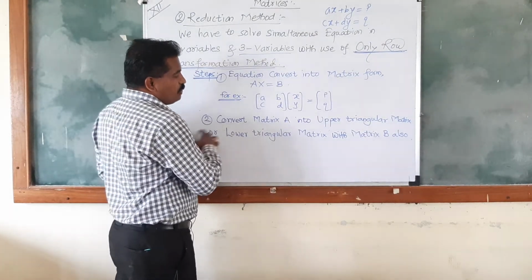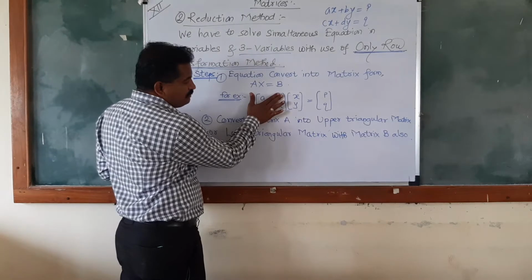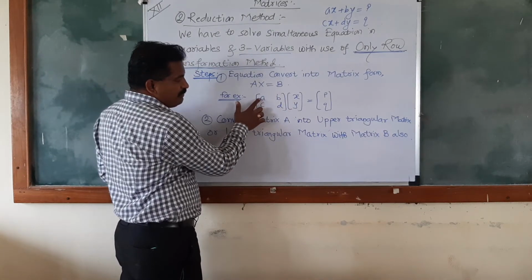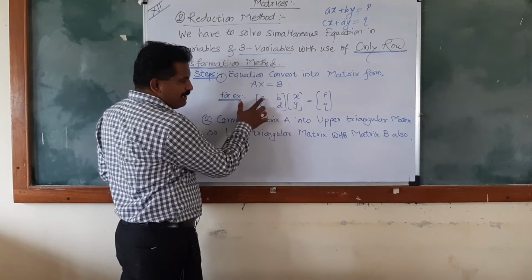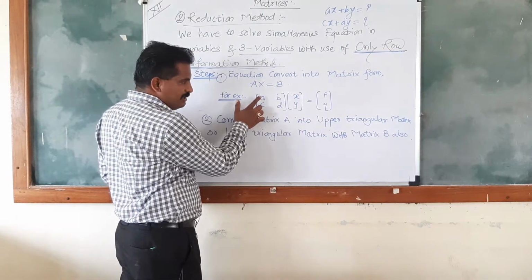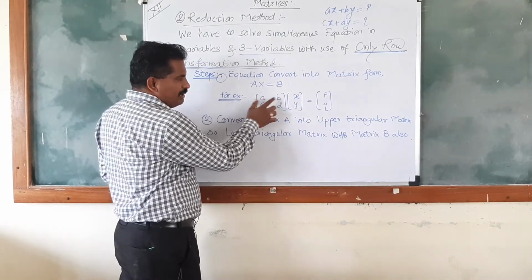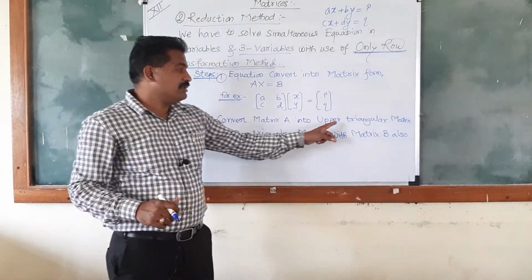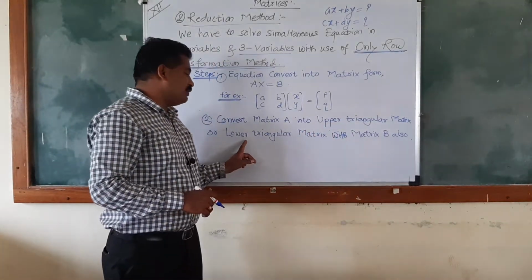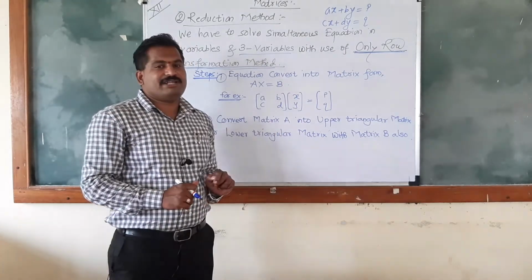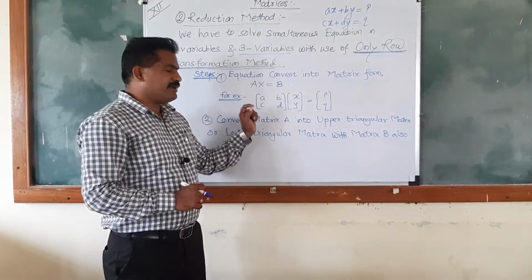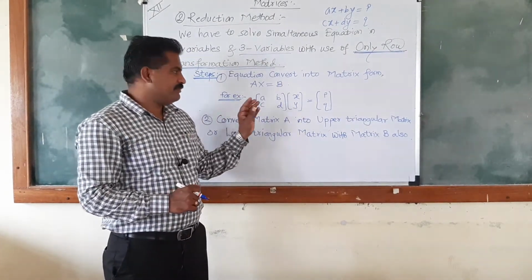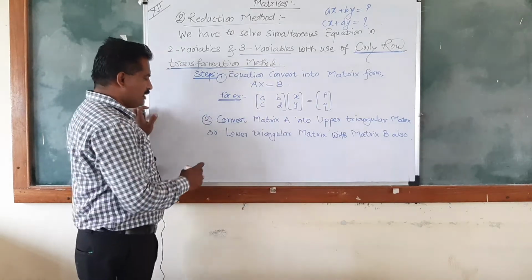If we use lower triangular, this B is 0, so we can find x by the coefficient here. After finding x, we can find y. This is because the upper and lower triangular matrix is convertible, so we can find the variables with it.